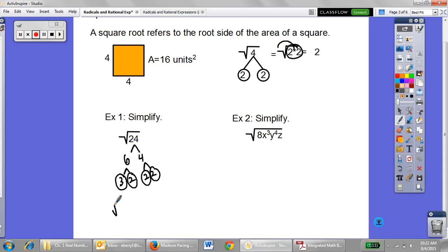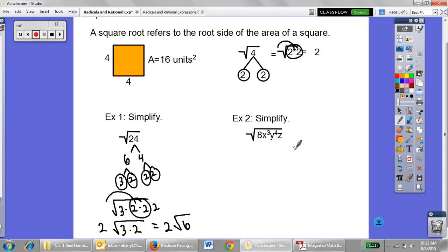And I can rewrite the square root of 24 as 3 times 2 times 2 times 2. I'm looking for pairs. So I see a pair of 2s, I circle it, and I get to bring it out based on the definition of square root. So 2 comes out, and underneath the square root, there's a 3 left and another 2. So finally, the answer is 2 square root of 6.